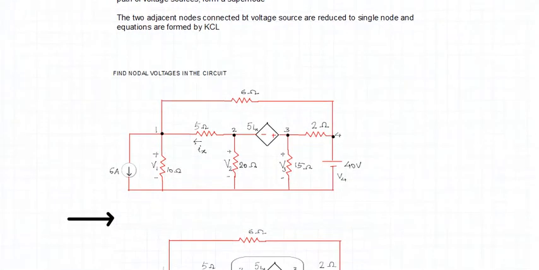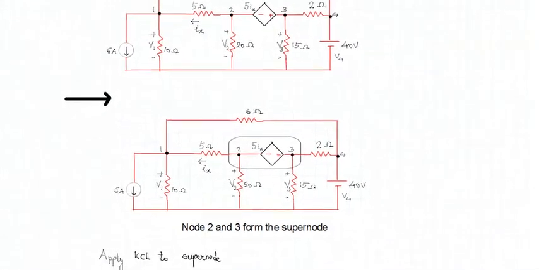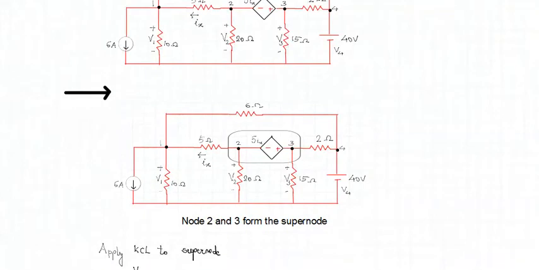We'll start by applying KCL to one of the nodes. We have identified that nodes 2 and 3 form a supernode, so now we can apply KCL to only 3 nodes. Let us start by applying KCL to the supernode. As we just discussed, node 2 and node 3 are no more separate; they are a single node. So identify all the branches with respect to this node.